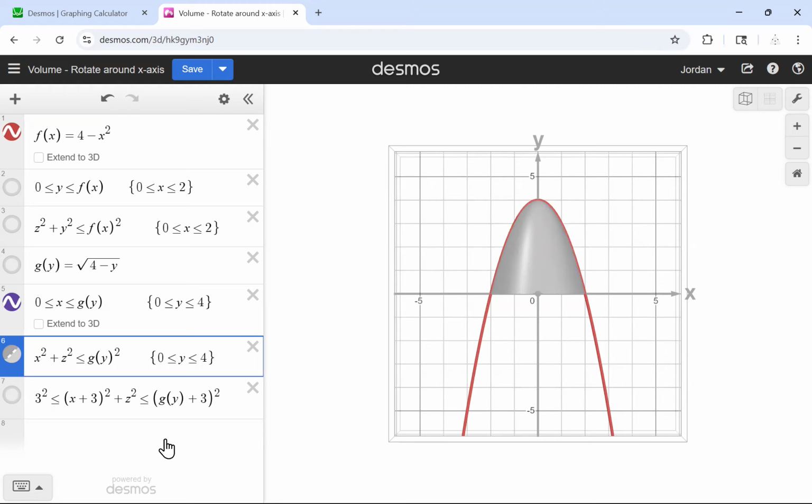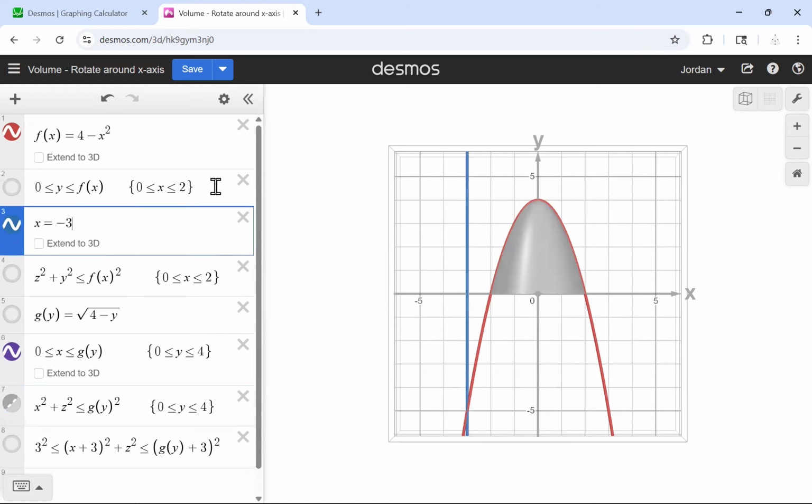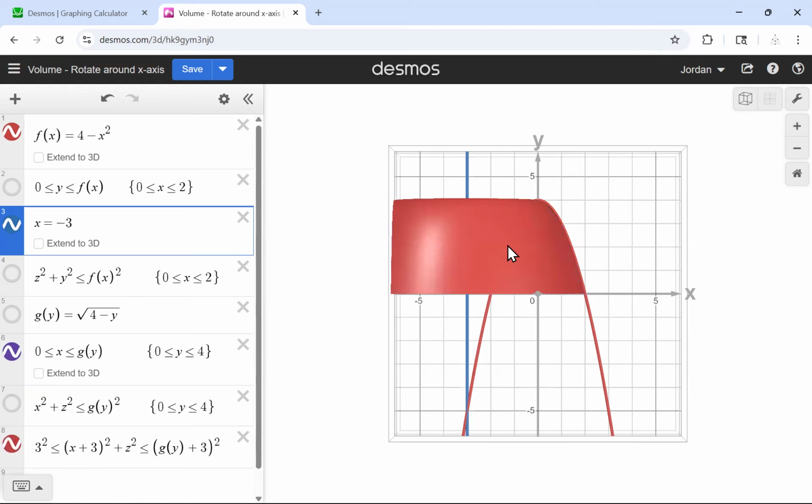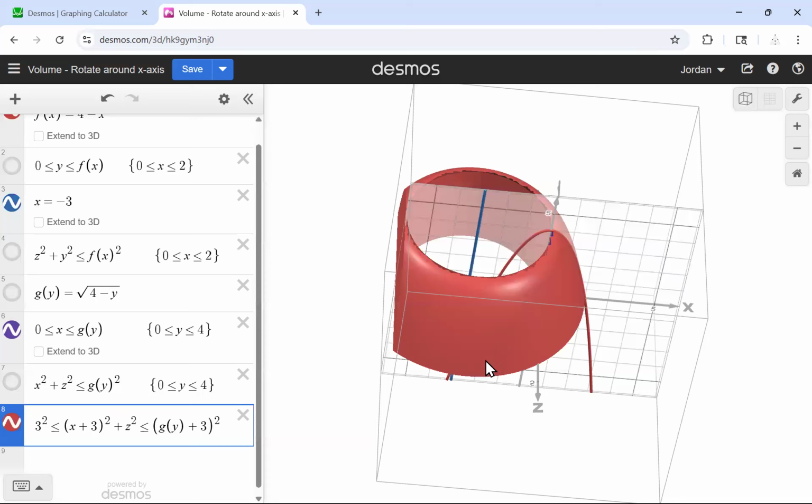When I rotated around the line x equals -3, I'd take that region and rotate it around the line. Notice we're going to get a big hole. We get this region here.